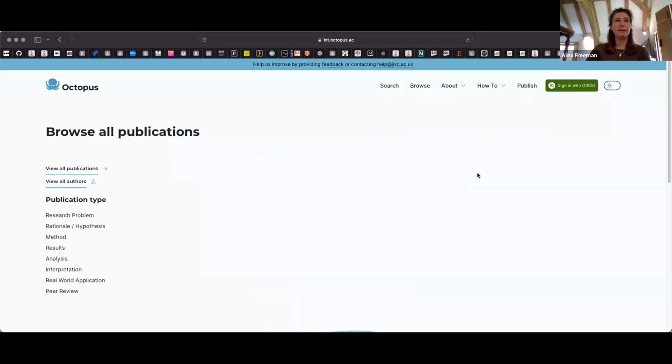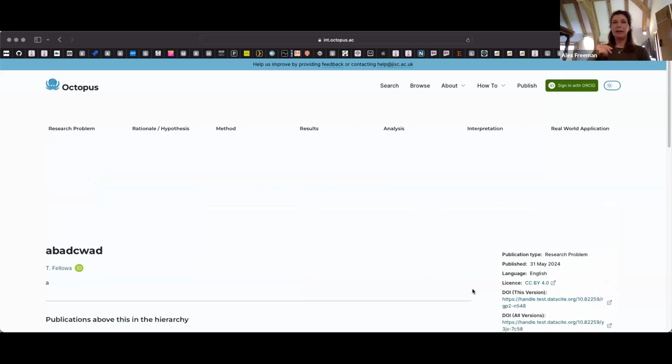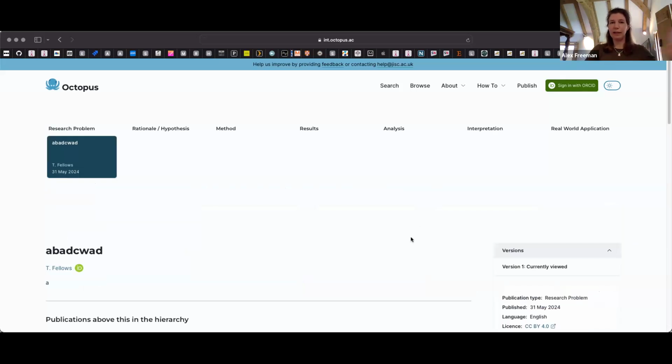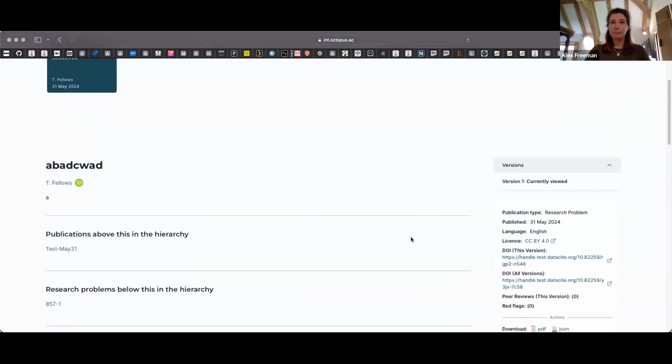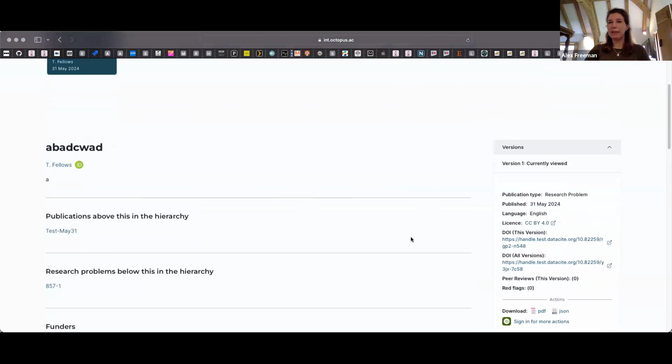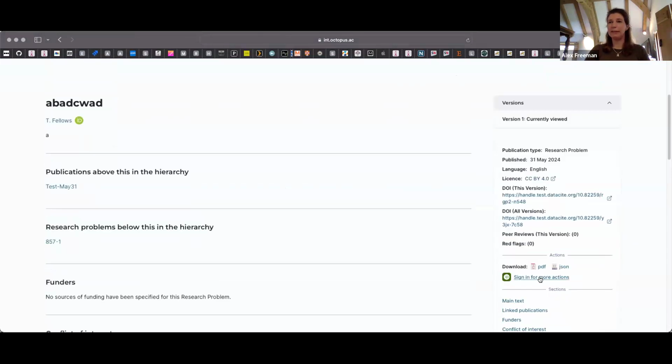Sorry, it's also a little bit slow because it's our test publication. So here's one of Tim's rather brilliant test publications. I'm going to use this. Imagine that this was some topic that I actually work on, like COVID transmission or something. And what I want to do is publish some work of mine that's related to this.